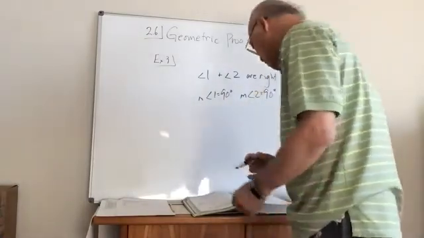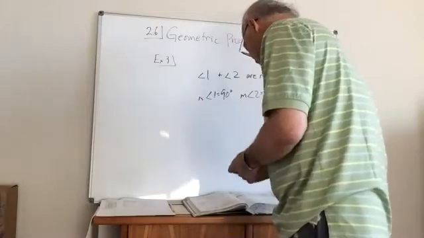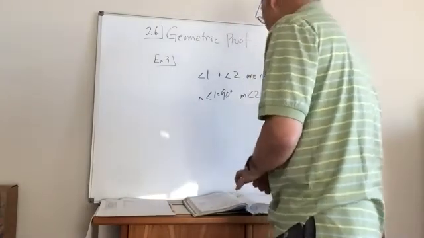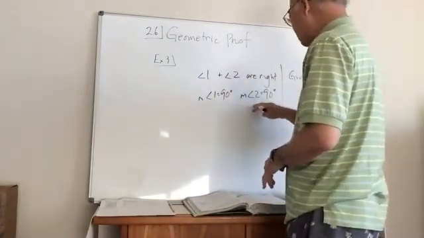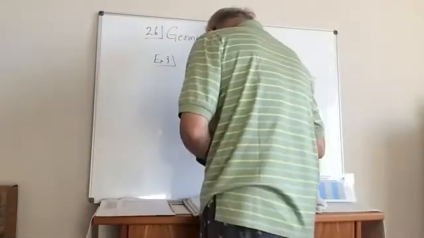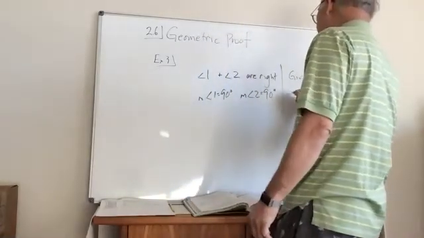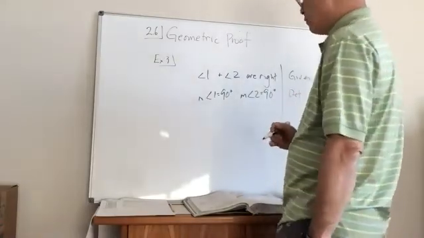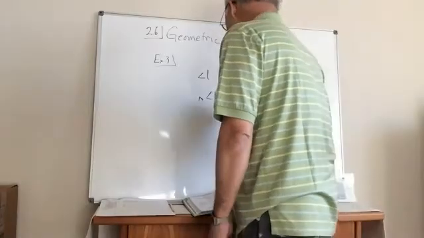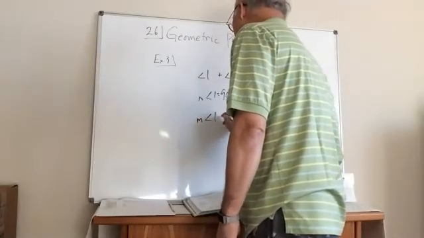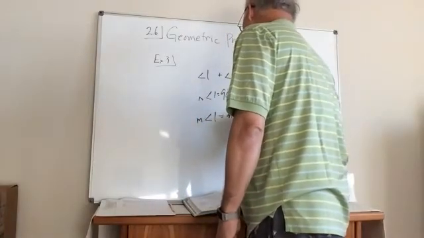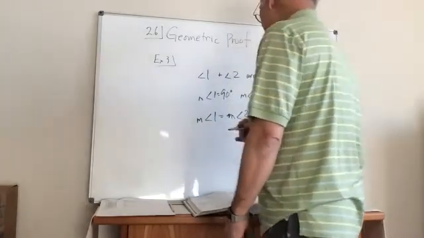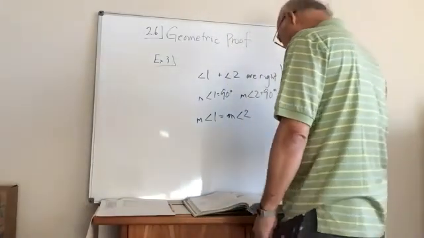Because it tells me in the plan to use the definition of a right angle. So I'm using the definition of a right angle to prove that. So 90 degrees, and this is the definition of a right angle. So I know that angle 1 and angle 2 are the same.